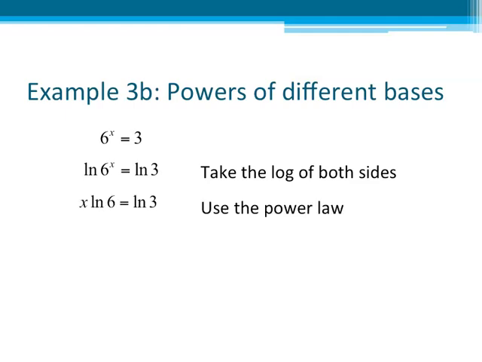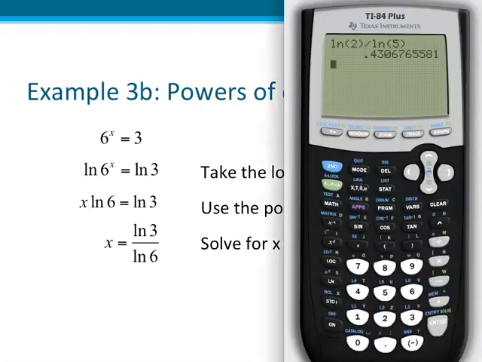And then divide both sides by ln of 6. Plugging that into the calculator, this comes out to be about 0.6131.